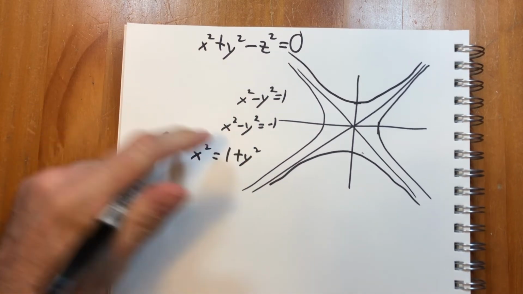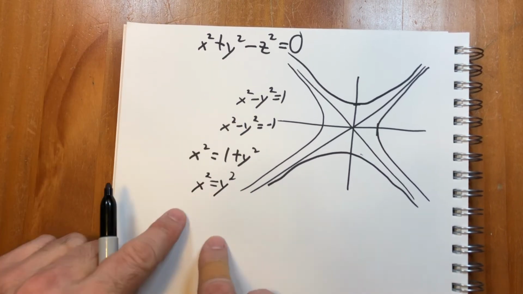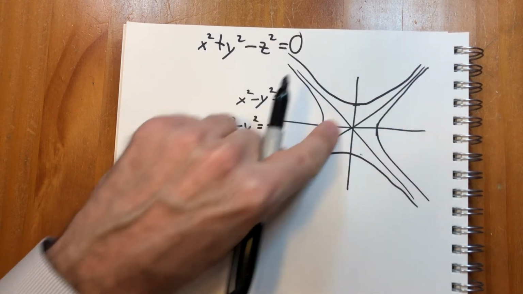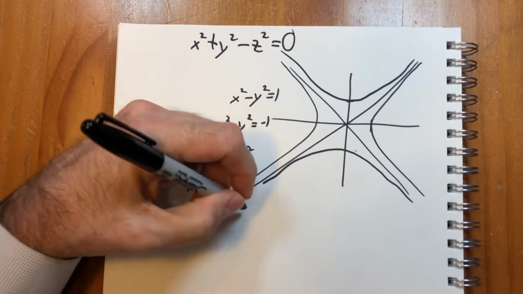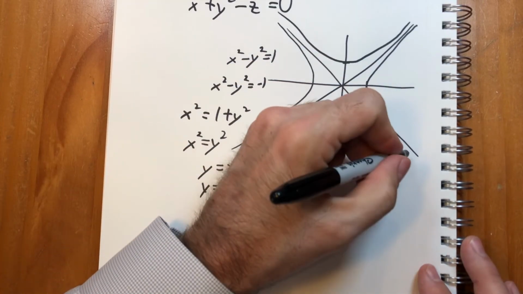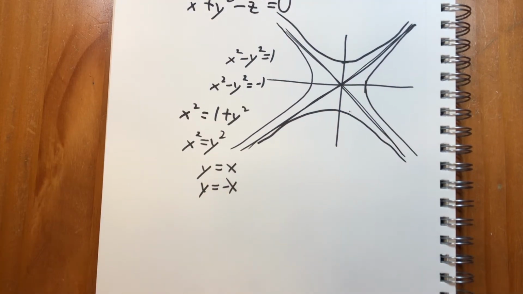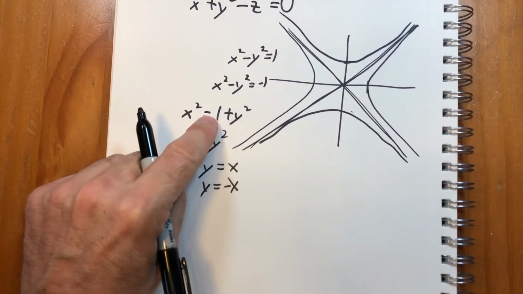Now, without the 1, if we just had x squared equals y squared, then these two numbers are growing exactly in alignment with one another. And this is equivalent to the lines y equals x and y equals minus x, which of course are these two lines. So the only thing that's keeping this from being the line is this little number 1 here.